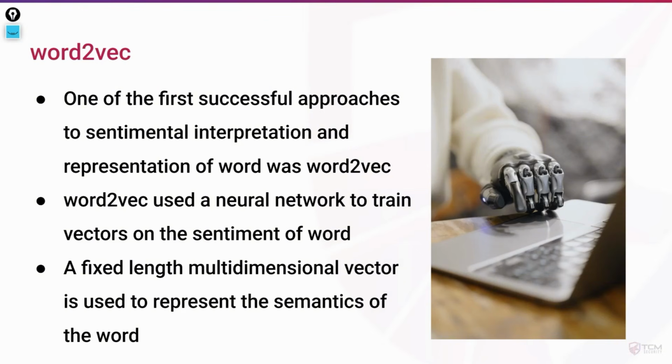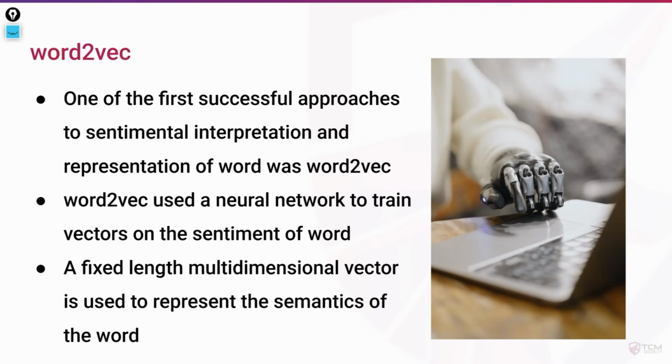The way that Word2Vec worked is it actually used a neural network to train vectors on the sentiment of the word. It analyzed input text in training, and it would usually look at a set of 3 words, where the input would be the 2 outside words, and the model would attempt to predict the word that would come in between those.